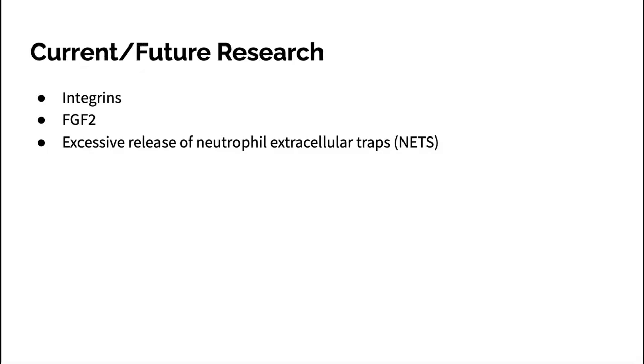For current and future research, the first is the integrin. These have been implicated for a long time in IPF pathogenesis. The signaling crosstalk between TGF-beta and periostin regulating SMAD3 activity is mediated via integrin in pulmonary fibrosis.